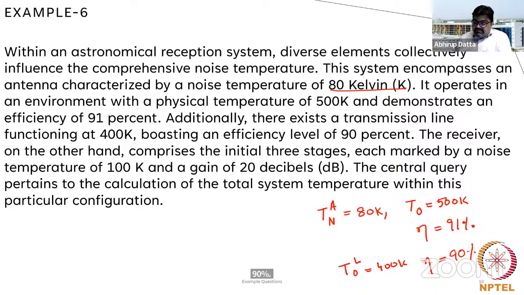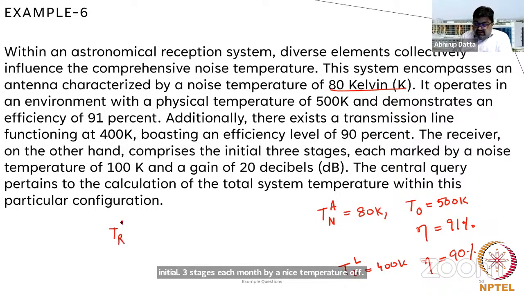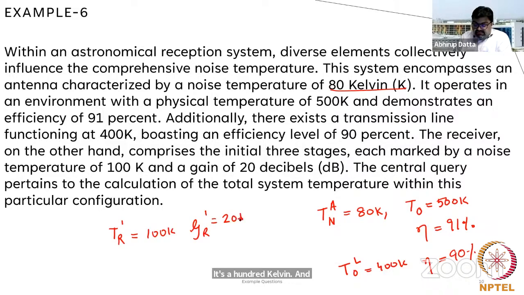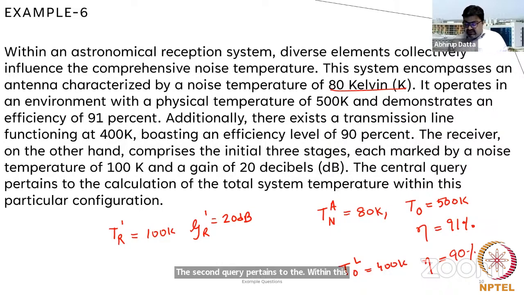The receiver, on the other hand, comprises initial 3 stages, each marked by a noise temperature. So for the first one, it is 100 Kelvin, and gain is 20 dB. The central query pertains to the calculation of full system temperature within this particular configuration. Okay, let's see how to go about it.